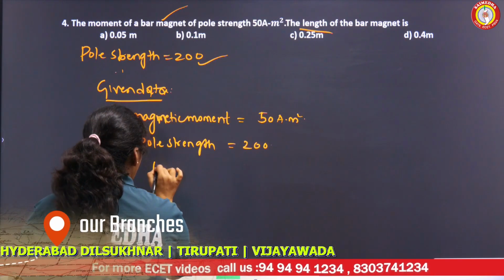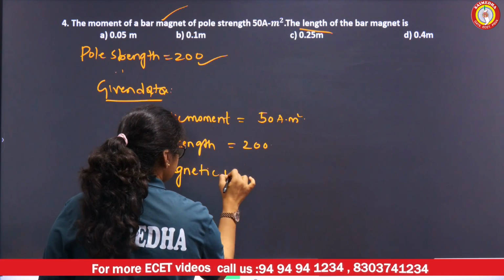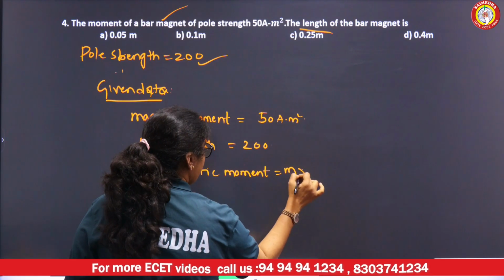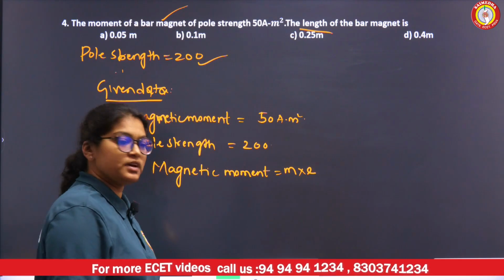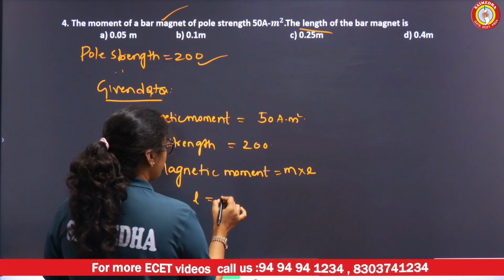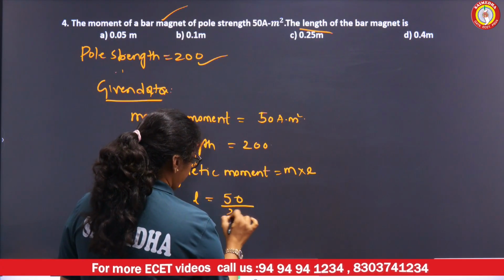So we know the formula: magnetic moment is equal to M into L. So let's rearrange. We will rearrange the formula. So I'll get L is equal to the magnetic moment, 50, by 200.